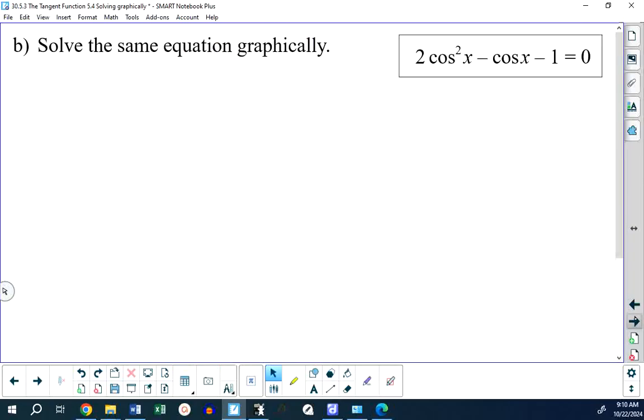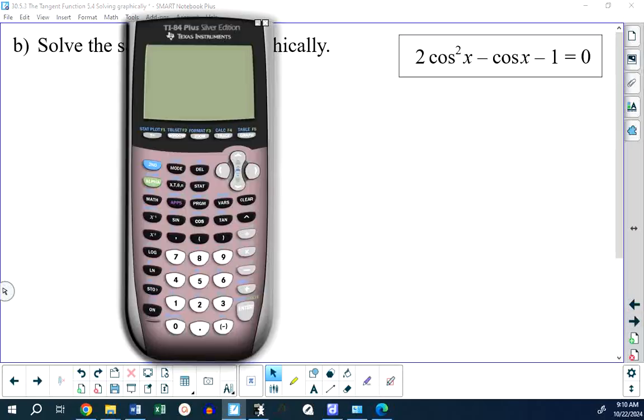What I want to talk about is solving this equation graphically. And I want to do this in two ways. One is to zero the function and graph y equals what the function is equal to, which is 0. In other words, we're going to graph y equals 2 cos squared of x minus cos of x minus 1. When you enter 2 cos squared of x, this is how you enter it.